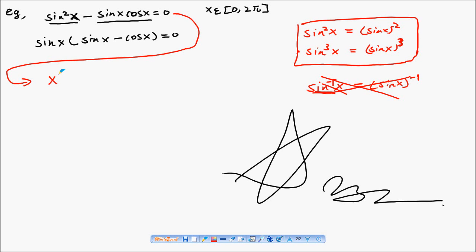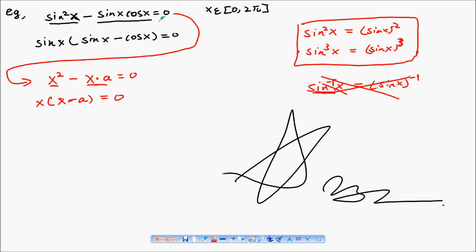Write it down. If I have x squared minus x times a equals to 0, I can rewrite it as x bracket x minus a. I factorize it by taking the x from here and here out and group whatever is left in a bracket.